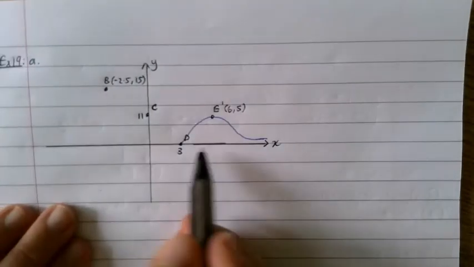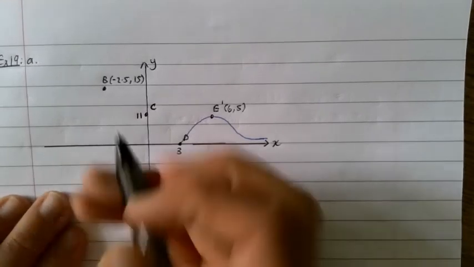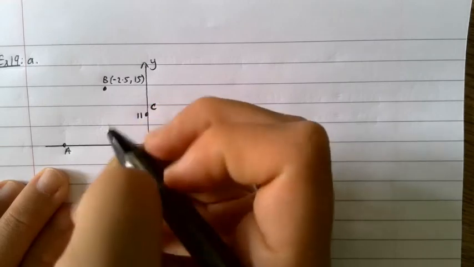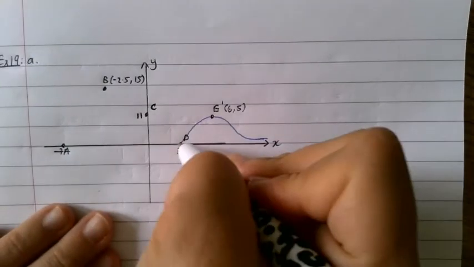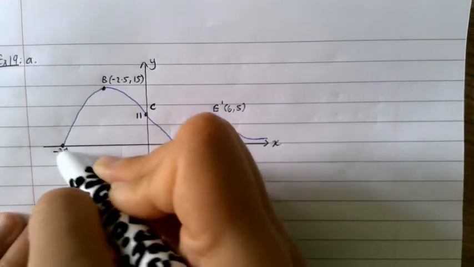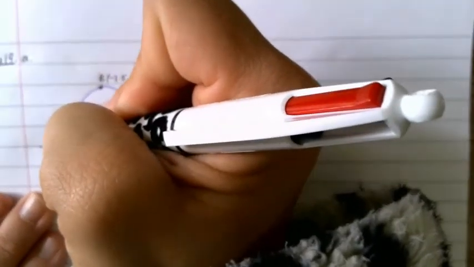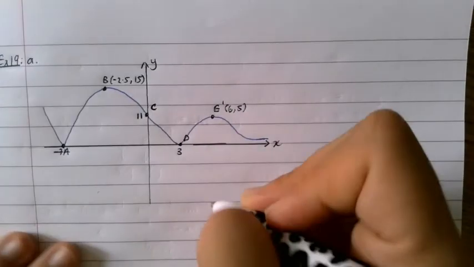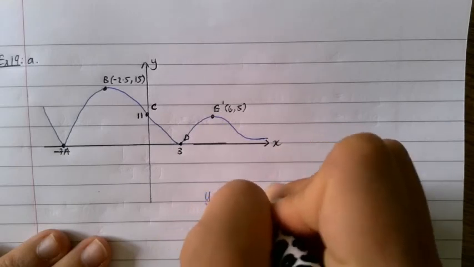And then our graph goes up through C, through B, and then back down towards the x-axis at A, which has an x coordinate -7. So our graph moves up like this. It then does start to dip below the x-axis, which I'm going to make sure I don't draw. So this is our function y equals the modulus of h of x.